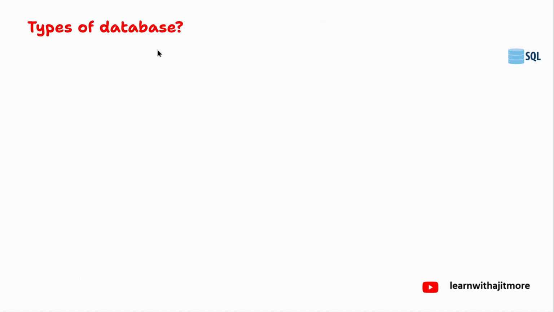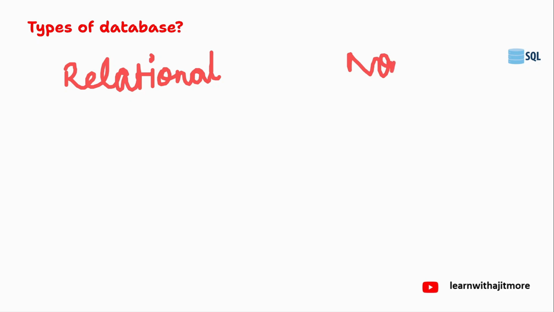Now we are going to discuss what are different types of database management systems. Mainly, there can be many more categorizations, but mainly we categorize into two things. One is relational database management system, and another is non-relational. Okay.